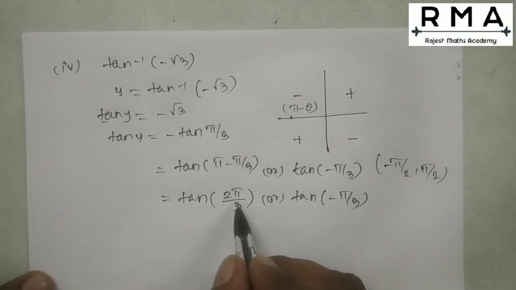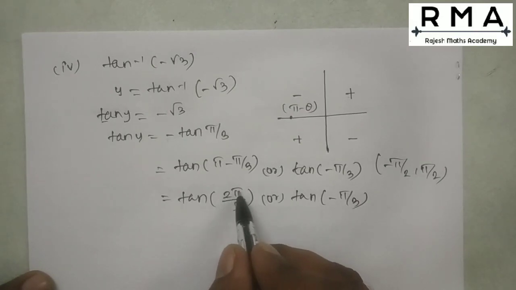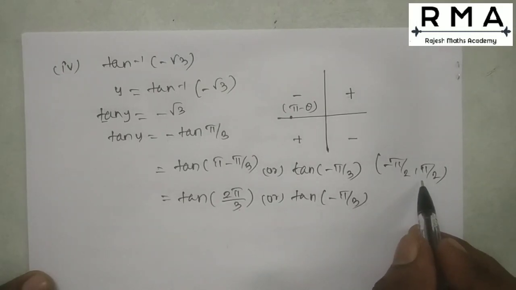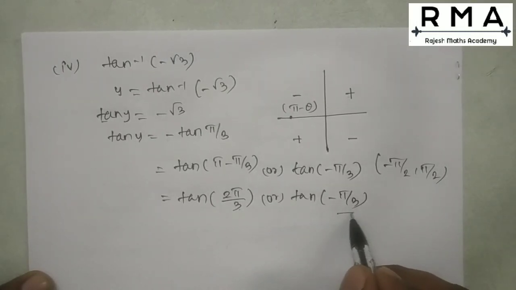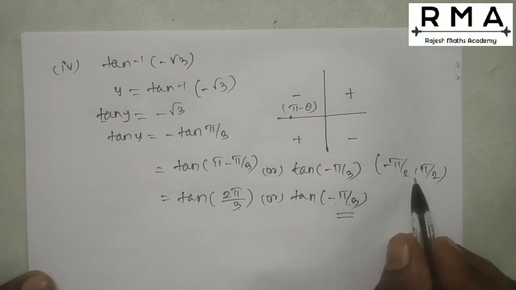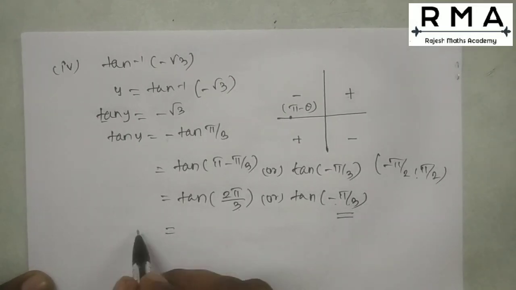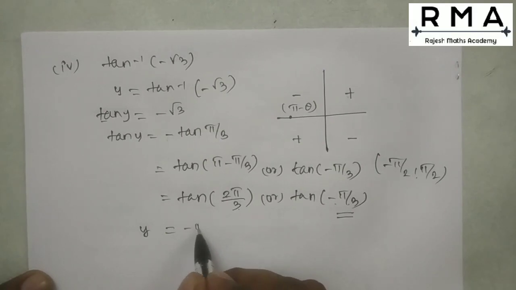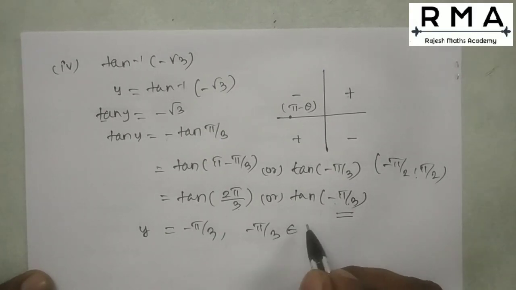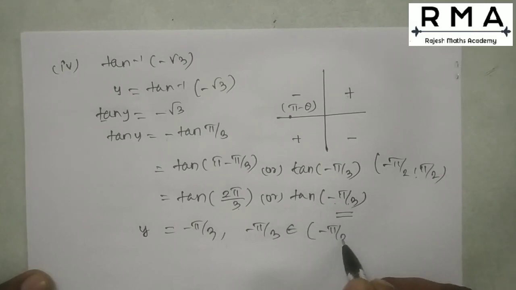So clearly this is equal to 2 times pi by 3, that is 2 times 60 degree, 120 degree. 120 degree is clearly beyond the interval. So only this minus pi by 3, minus 60 degree, is lying in the interval. So we can write that y equal to minus pi by 3, because minus pi by 3 belongs to the open interval minus pi by 2 to plus pi by 2.